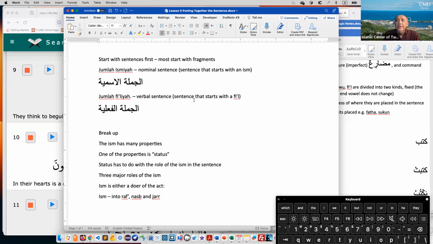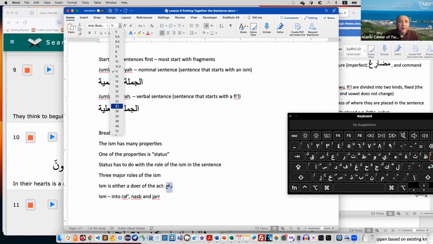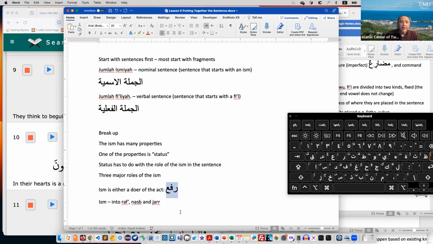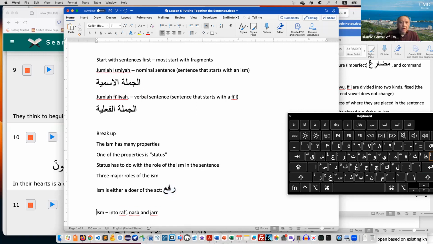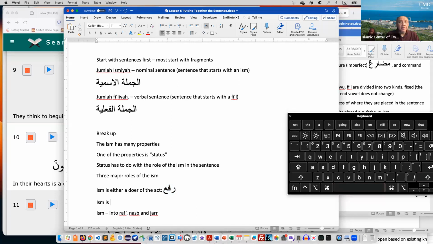Let me write that down here in Arabic so that you guys can know what it means. So the first one, the doer, is the raf'un. Sometimes it's called rafa', basically. Or the isim is nasab.